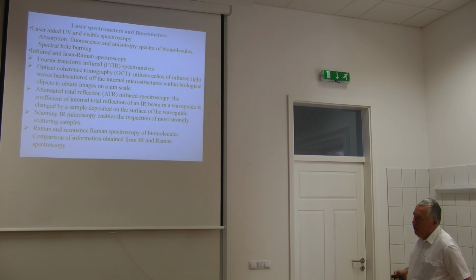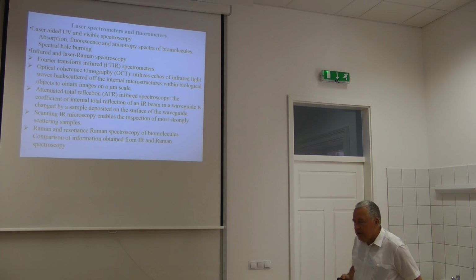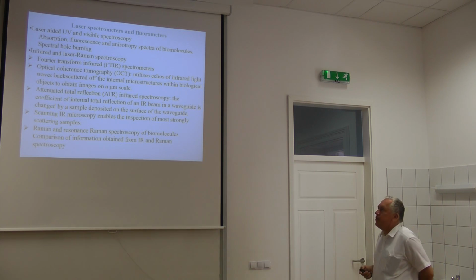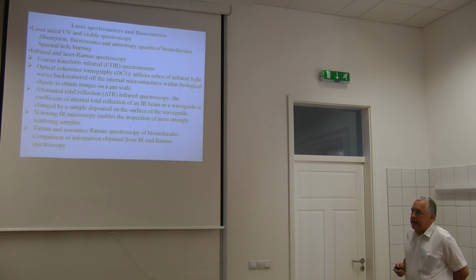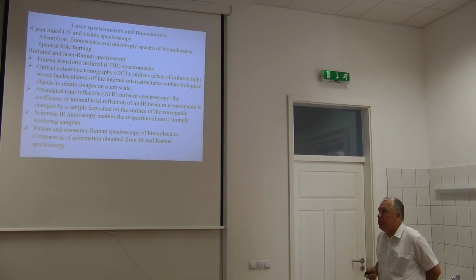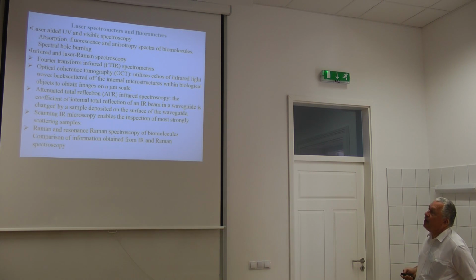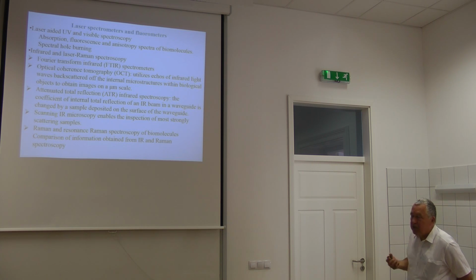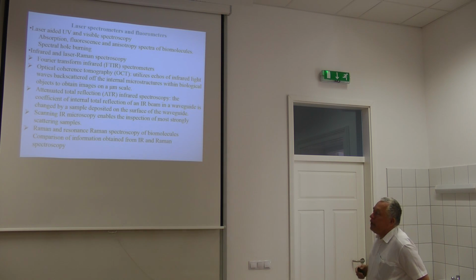Actually, the Raman effect was discovered by Raman using a very strong xenon light. This has historical importance, but nowadays you can hardly find a Raman spectrometer with a built-in xenon lamp. All spectrometers use laser lights, very intense laser lights, and the comparison of IR and Raman spectra can give you a wealth of information, because they are complementary methods.